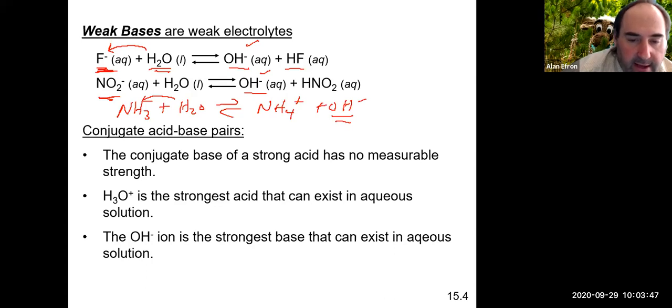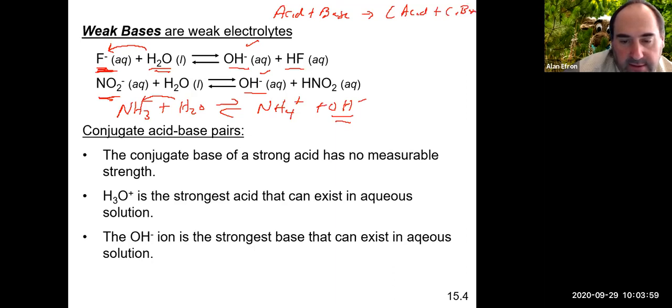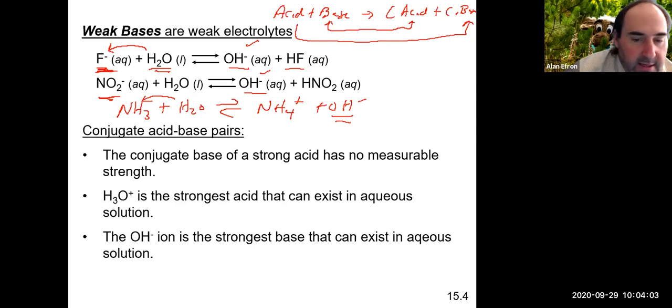So when we think about our acid base, conjugate acid and conjugate base, our relationship between these two, if the acid is a strong acid, its conjugate base will be relatively weak.